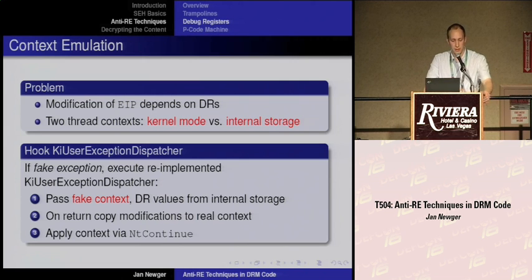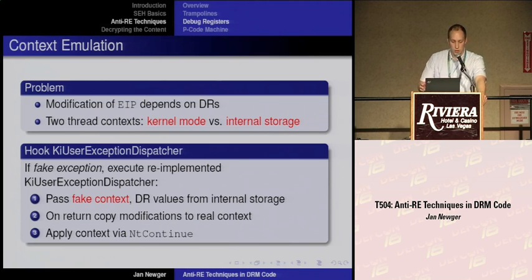And if that's the case, it would pass a fake context with the fake debug register values previously set by the thread context API to the handler. So the handler would see the correct values it expects.